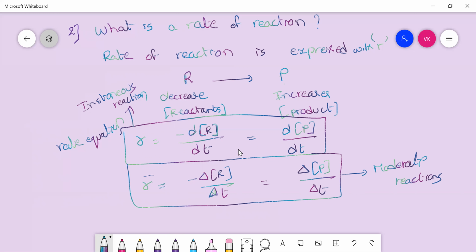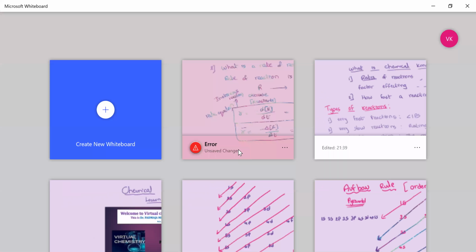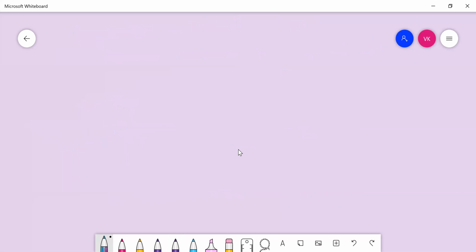Let us take one normal example, and then I will explain with real examples. Let's say A and B are the reactants and they are giving C and D as products. So A and B are the reactants here, C and D are the products. Rate of reaction, as I said, we can define in two ways, in terms of reactants and in terms of products.